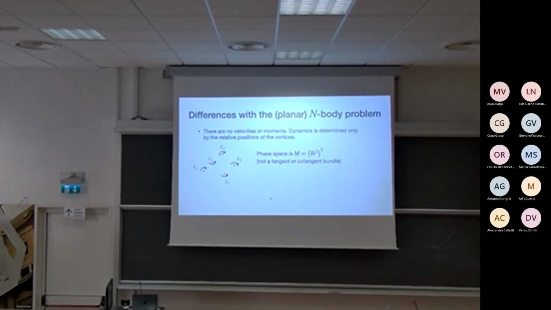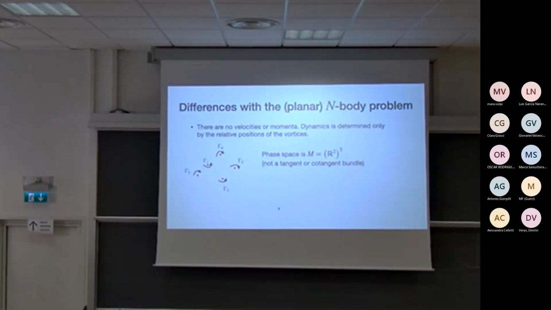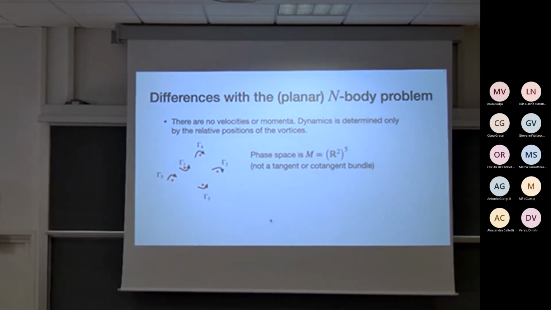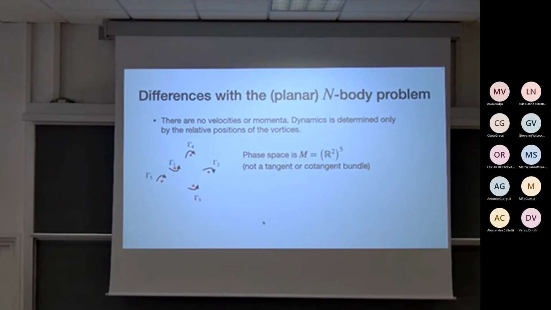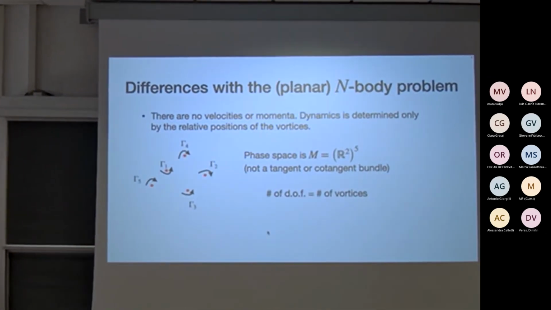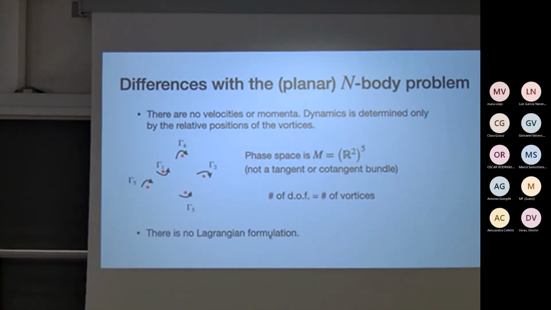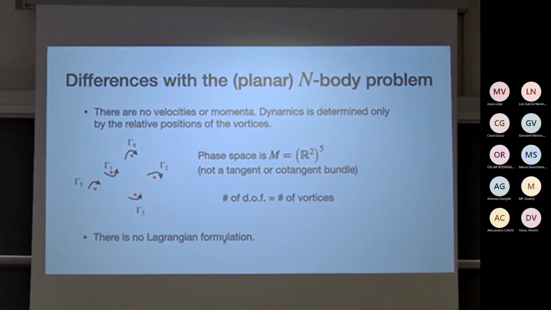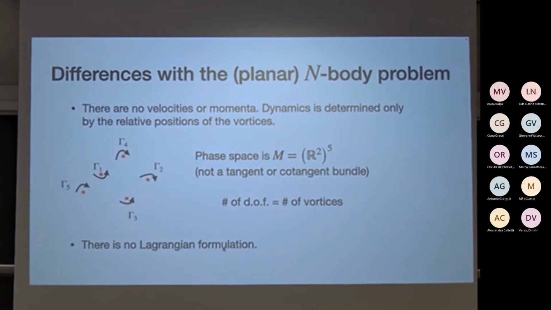So you have five vortices on the plane, then the phase space is just the Cartesian product of the plane with itself 5 times. And notice this is not a tangent or cotangent bundle, it's just positions. The number of degrees of freedom is equal to the number of vortices, and there's no Lagrangian formulation. So we start out with a Hamiltonian formulation, which does not have a Lagrangian origin.